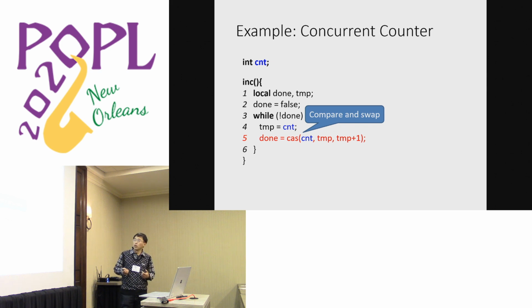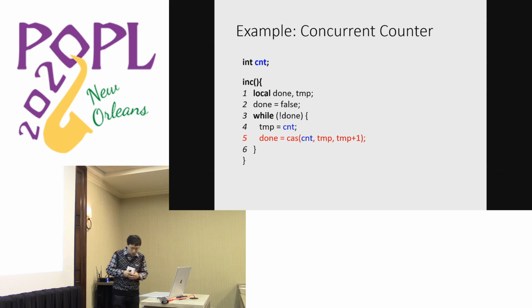Otherwise, the counter could be different from temp because we are in a concurrent setting, so the current thread could be interrupted after line 4, so that at line 5 the counter could have a new value, and the snapshot could be obsolete. Then the CAS does nothing; it returns false. So we have to do another round of the loop. So this is a very simple algorithm.